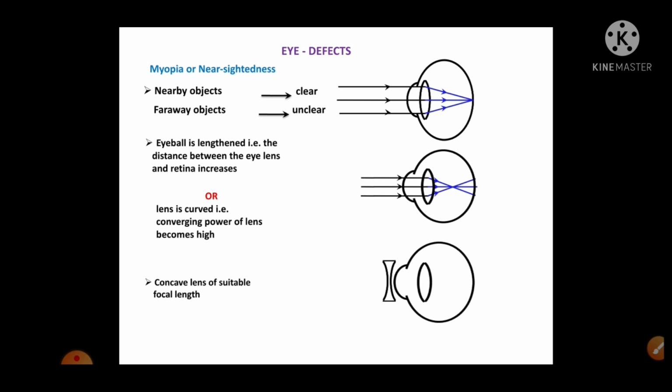So defect is same, both the person is suffering from myopia, but the focal length, that is the number of the spectacles particularly, जो चश्मे का नंबर होता है वो दोनों का अलग अलग होता है. इसके लिए the spectacles will be different, okay. You cannot wear the same spectacles as the previous one, ठीक है. So if two brothers are there, so they will use common spectacles? No, it is not possible. So इसके लिए यहाँ पे स्टेटमेंट है concave lens of suitable focal length.